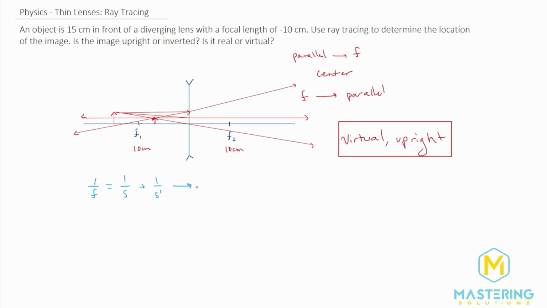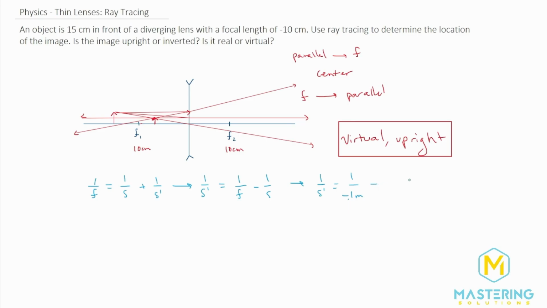So if we subtract 1 over s, we have 1 over the image distance is equal to 1 over f minus 1 over s. When we plug our values in, we have 1 over the image distance is equal to 1 over negative 10, so negative 0.1 meters. These do need to be in meters. If you leave it in centimeters, even though they're all the same units, it won't give you the correct answer.